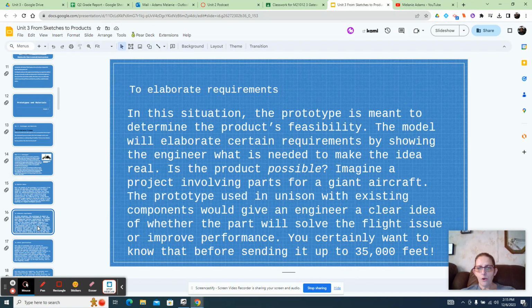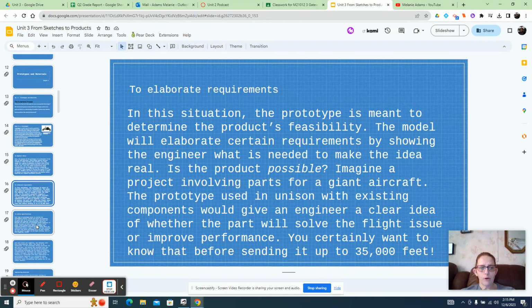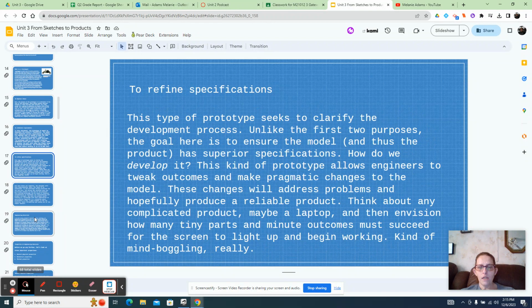Again, if it meets the requirements, that's what your prototype is for. And then you can take the prototype and clarify the developmental process. You can change the goals of the model. You can change the specifications.